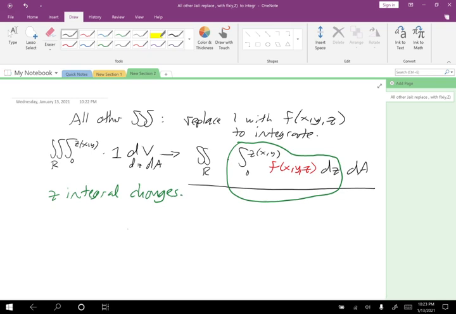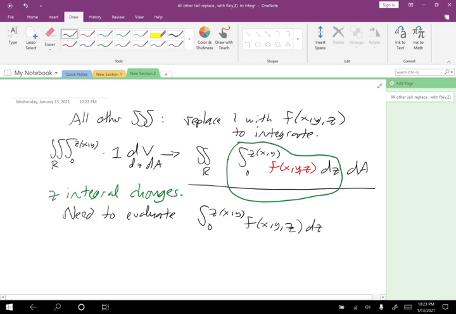And so you'll have to evaluate the integral from 0 to z of xy of f of x, y, z dz, with xy fixed, before the dA integral. Okay, so then once we do this, we get a double integral.